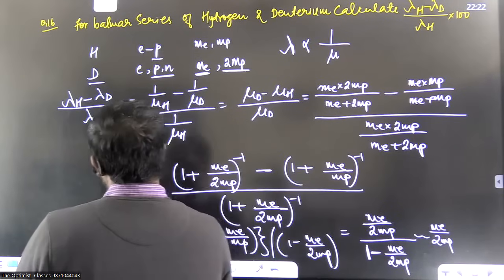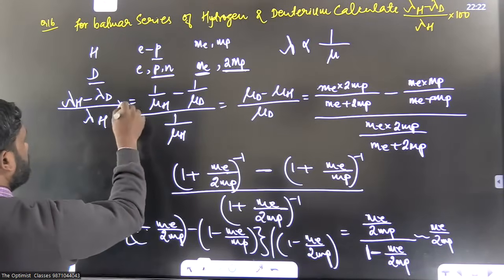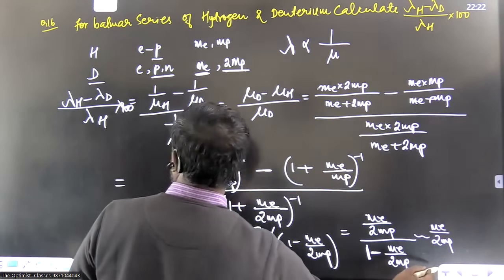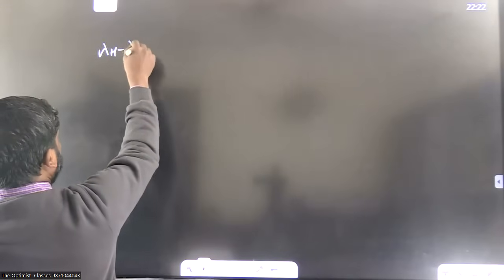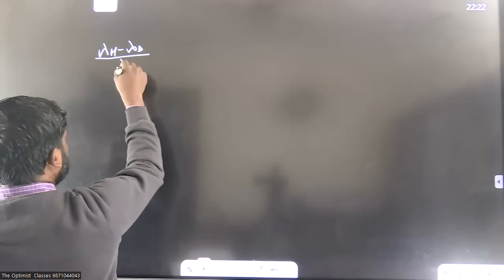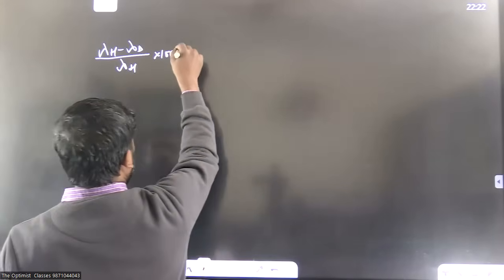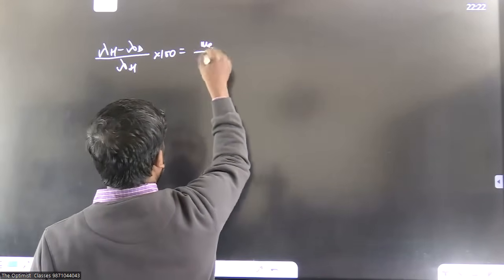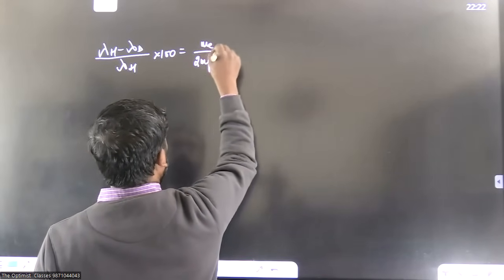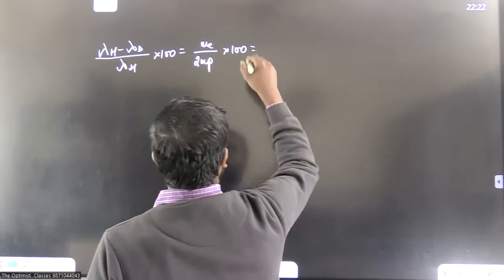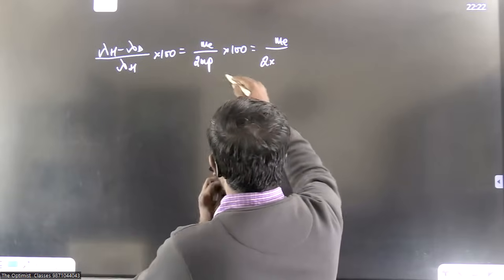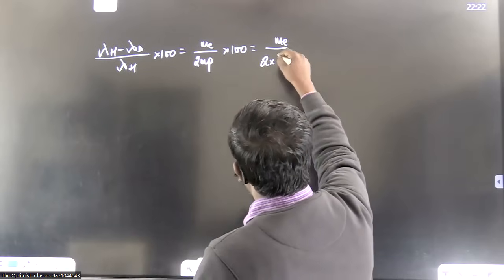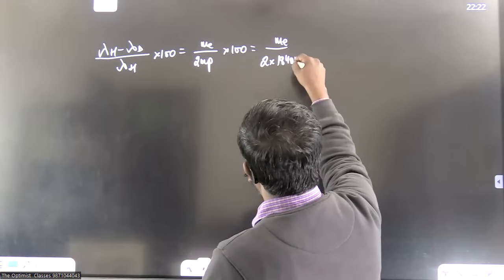So what we had to actually calculate is this multiplied by 100. So when you calculate (lambda_H minus lambda_D) divided by lambda_H into 100, you get me divided by 2 mp multiplied by 100. So here this is me, and 2 times mp, the mass of the proton, is actually 1840 times the mass of the electron.